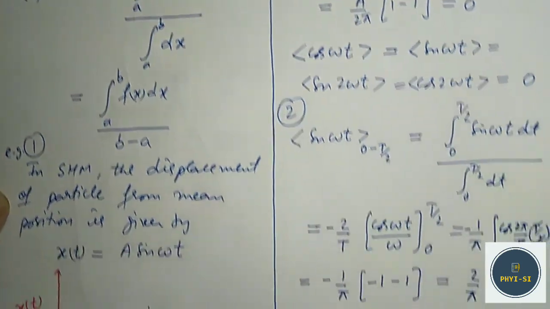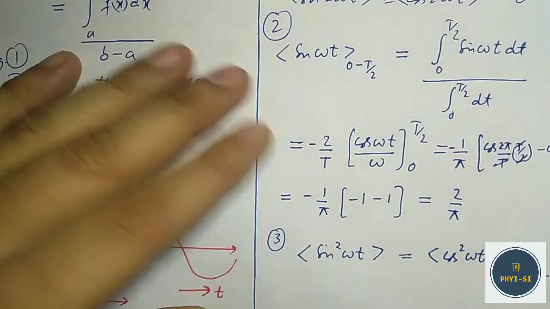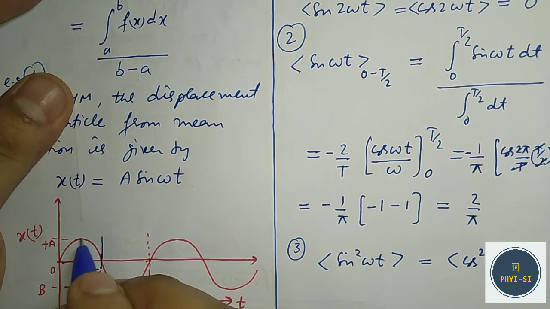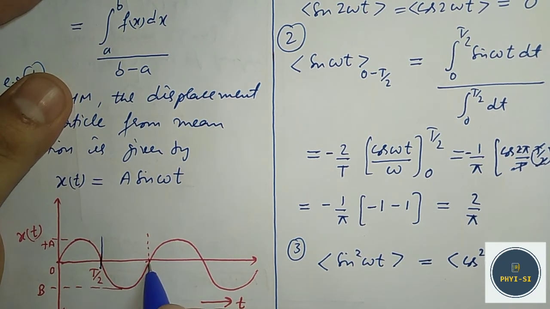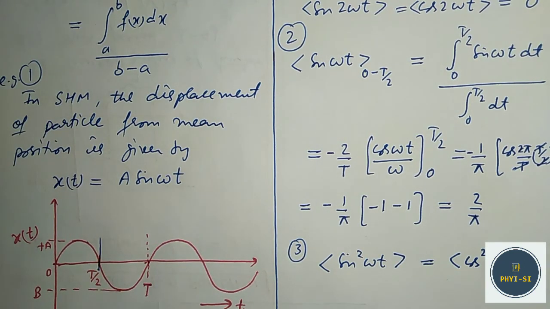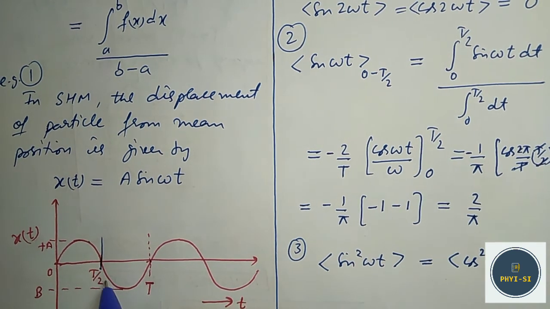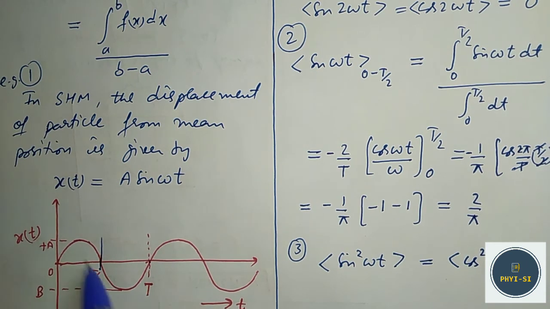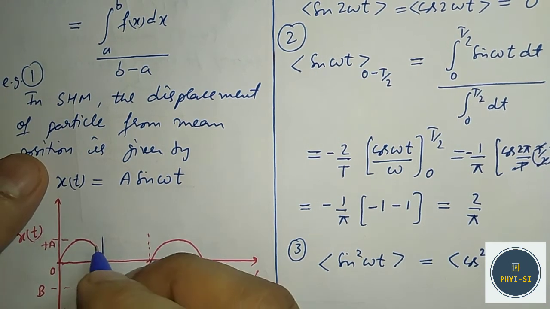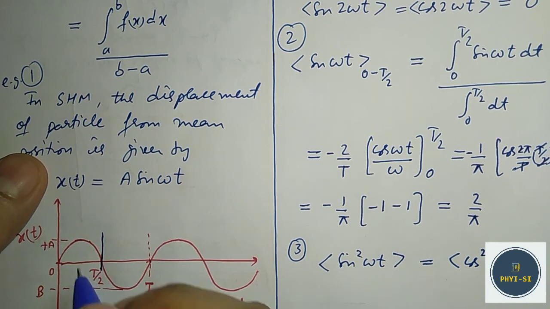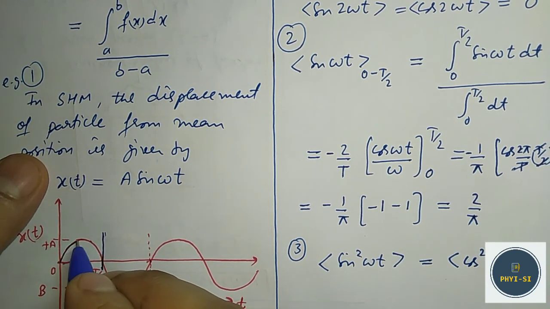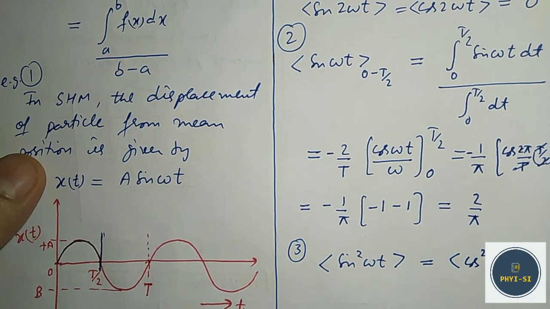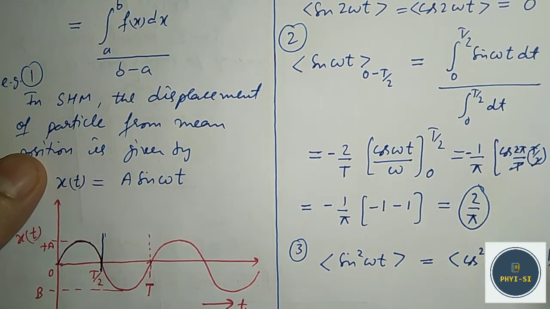Another way of looking at this: you can see that in this function, half of the function is positive, and the other similar half is below the axis. So the average value of this plus this comes out to be 0. But when you want to find the average value from 0 to T by 2, it cannot be 0, and that comes out to be 2 by pi.